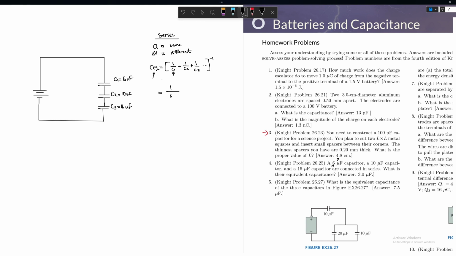All I have to do is put 1 over 6, plus 1 over 10, plus 1 over 16, all to the negative 1. This is pretty simple, assuming I did it right. I got a total of 3.037. Since I kept it in the same units, my answer is also in microfarads. Is that the same answer? It is. Okay, so next question.